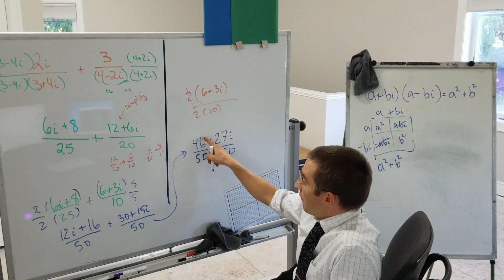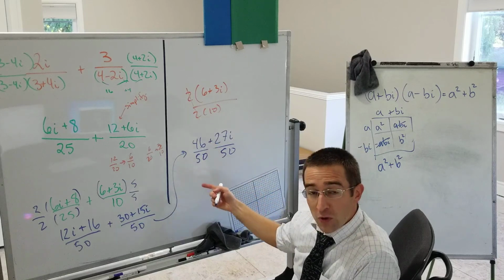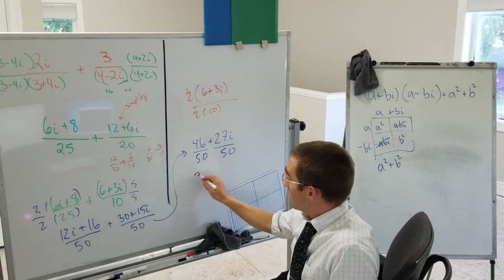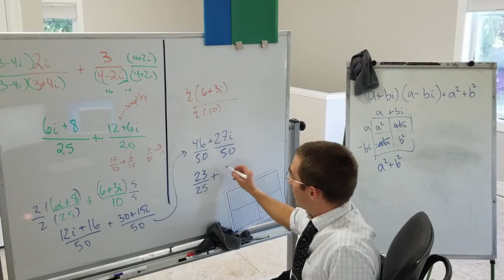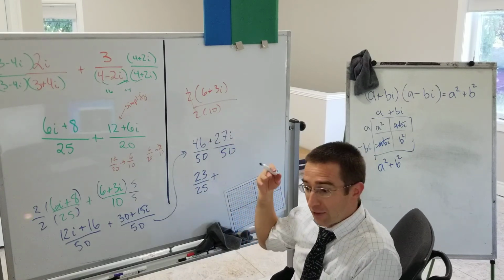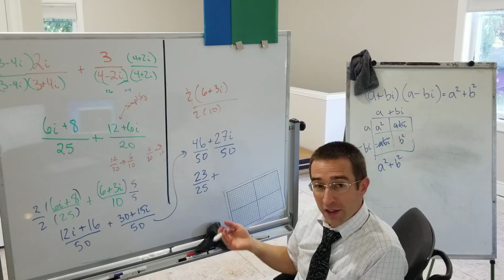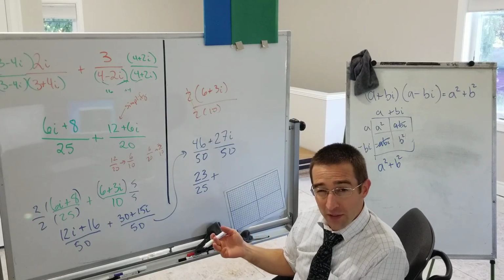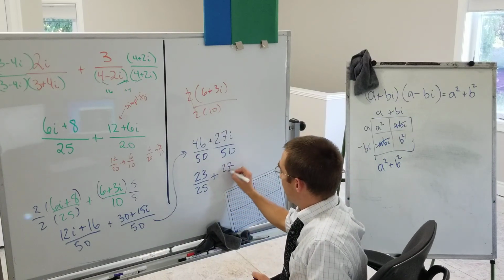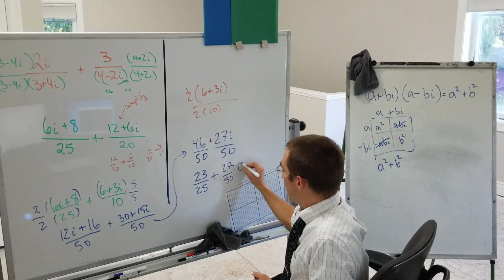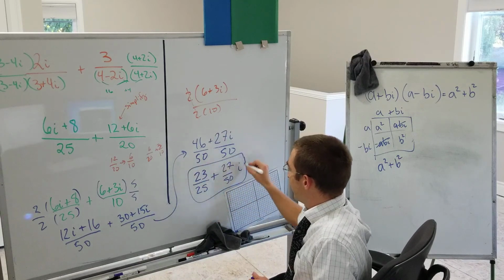Simplify 46 and 50. 2 divides into both of those. So that gives me 23 over 25 plus 27 and 50 are relatively prime. In other words, they don't have any numbers that divide into both of them other than 1. So we get 27 over 50 i for our answer there.